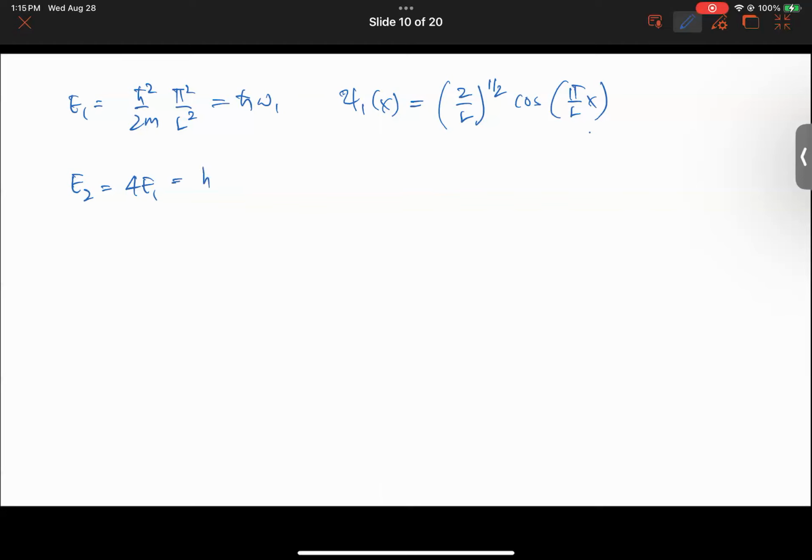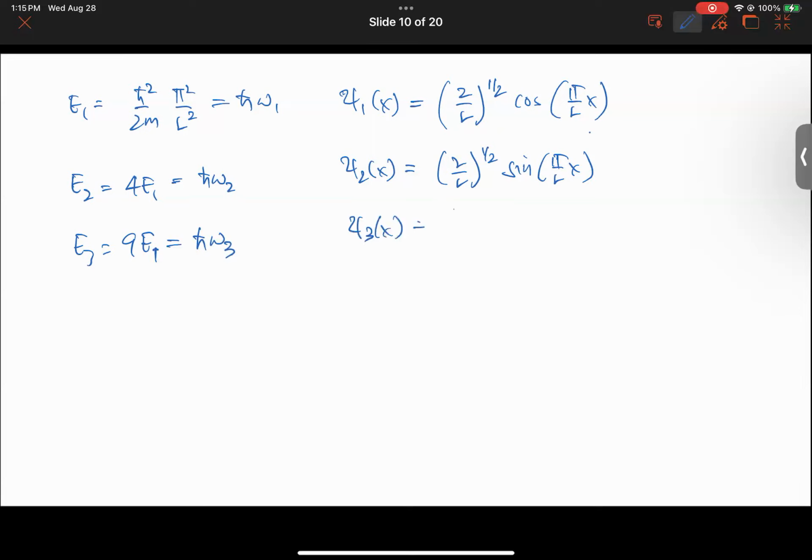So this is equal to h bar omega 2, and psi of 2 x is equal to the square root of 2 over L times sine 2 pi over L times x, and then E3 is equal to 9 E1 is equal to h bar omega 3. Psi of 3 is equal to the square root of 2 over L, sorry, 2 pi.